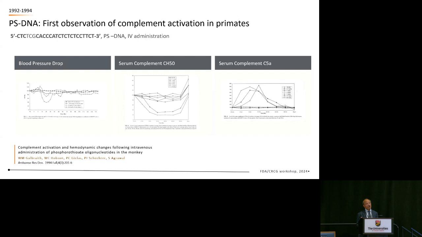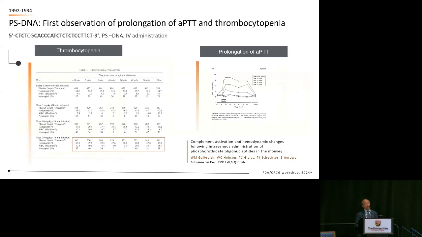So it's dose-dependent, rate-of-infusion dependent, and chemistry dependent. At the same time, we also saw this leads to thrombocytopenia and neutropenia as well. It was transient, again dependent on the rate of administration and dose. It also affected the clotting factors and prolongs the APTT.